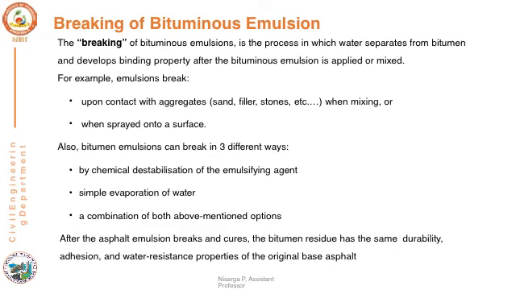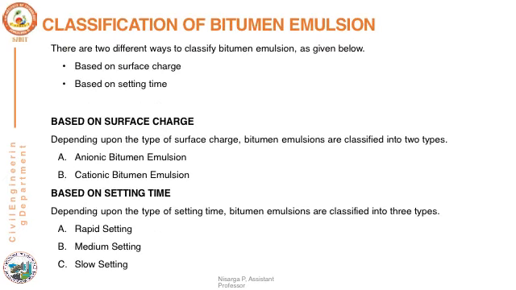After the bituminous emulsion breaks down and cures, the bitumen residue left behind will have the same durability and adhesive property as virgin bitumen, and the water resistance can also be similar to the original base bitumen or virgin bitumen.